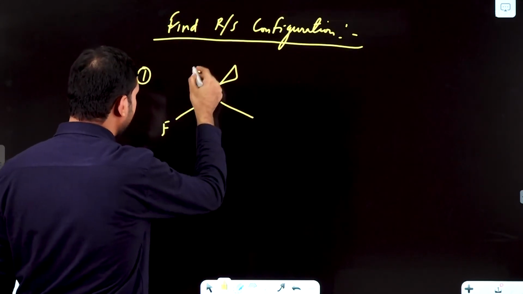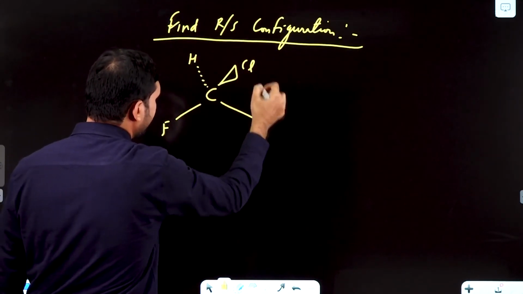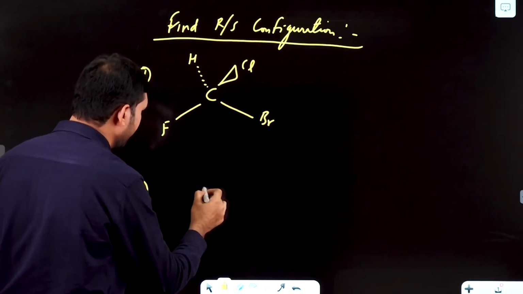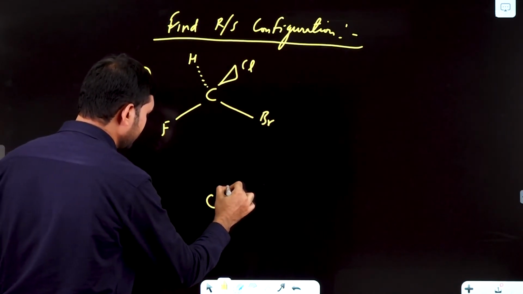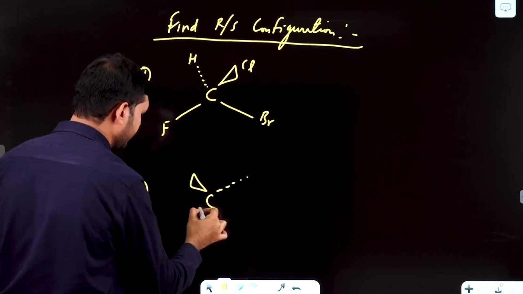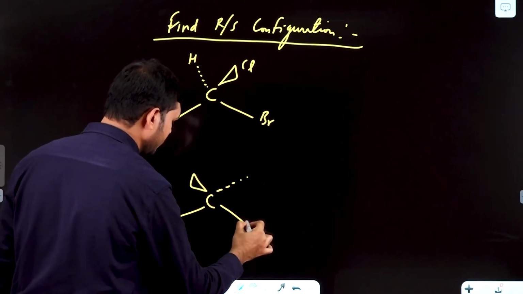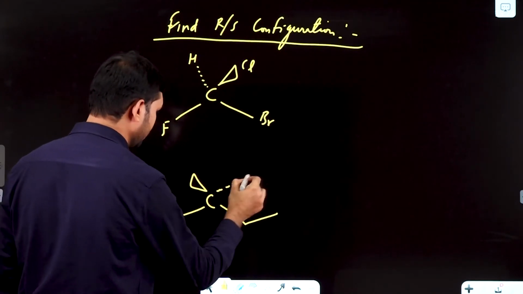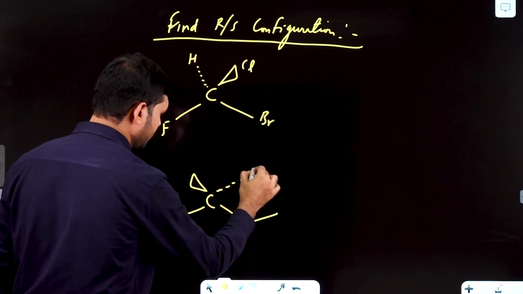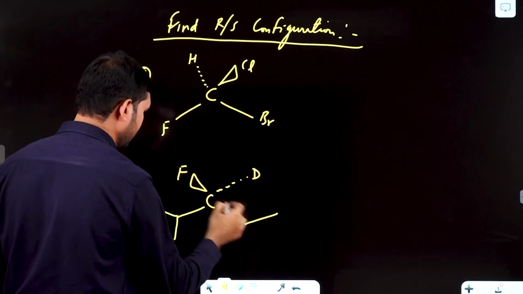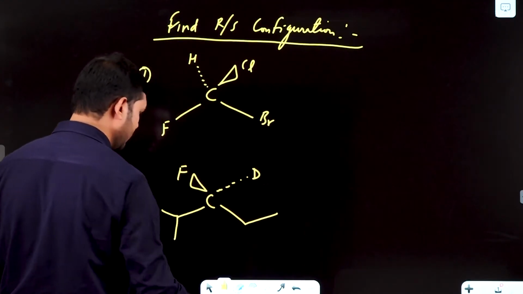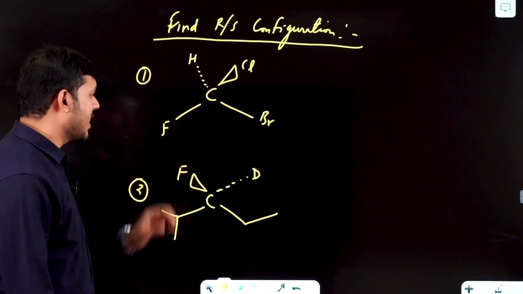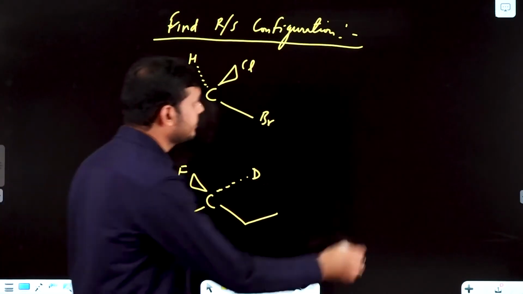F, H, Cl, Br. Find by yourself very fast. Okay, so in these two examples you have to find whether it is R configuration or S configuration.